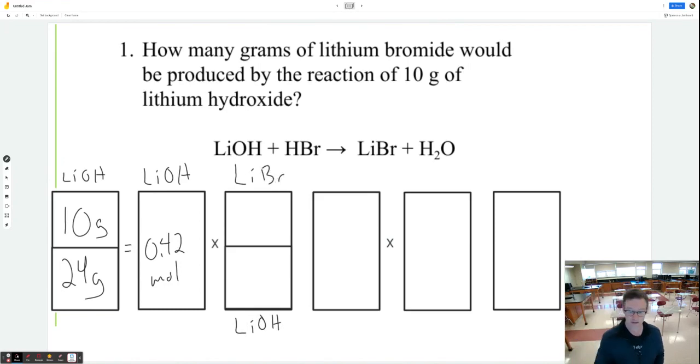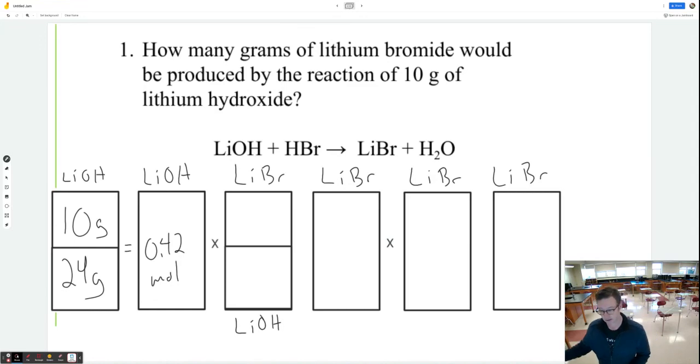And from this point to the end, everything that I'm working with is in reference to the product that I'm trying to solve for, the lithium bromide. So again, that's something that might help to keep track of where we're getting these numbers and why we're putting them where we are. Also, keeping in mind that we're starting with one thing and we're converting it into something else by way of the chemical reaction and the chemical equation.